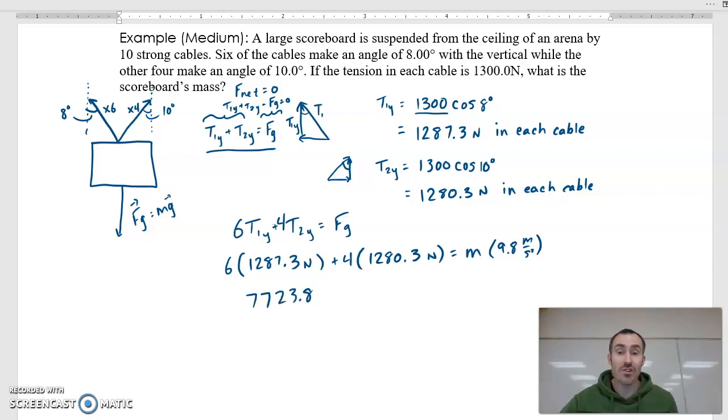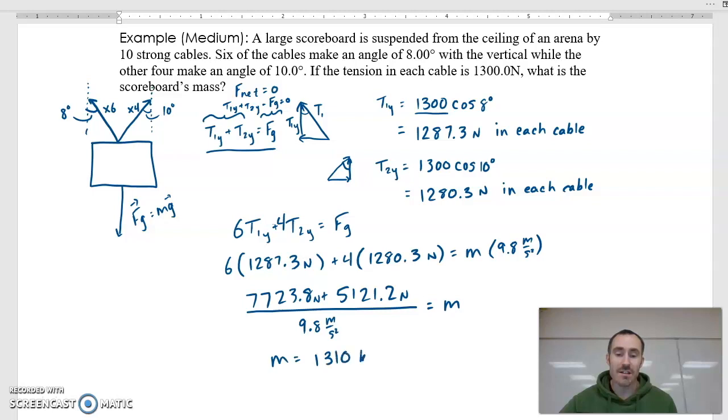That's the total tension in all of those T1 cables, plus 5121.2. That's the tension in all of the T2 cables. And we want to divide that by 9.8 meters per second squared. And that gives us the mass. And so now our mass is equal to 1,310 kilograms.